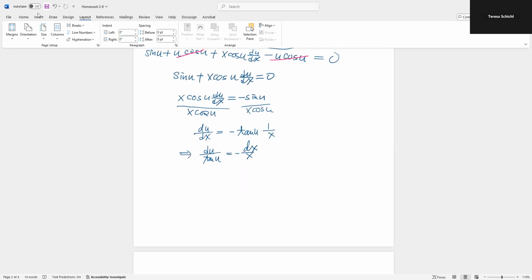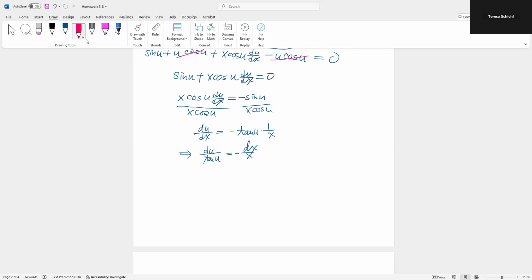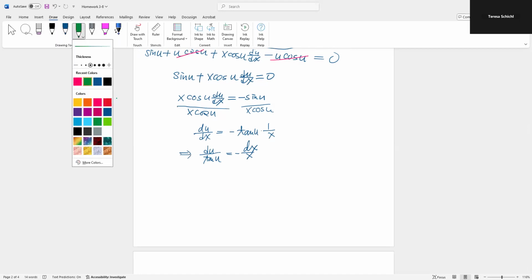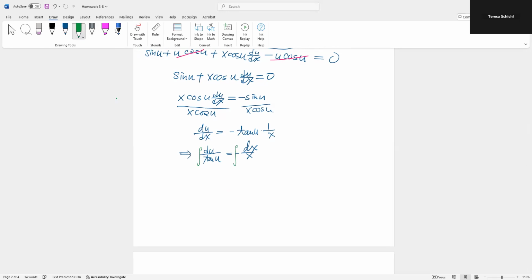So now the next step, we will be able to integrate both sides. The 1 over tangent u is going to be cosine over sine, right? So it's cosine u over sine u du. Then you can use a u-substitution. So this one will be the natural log of sine u.